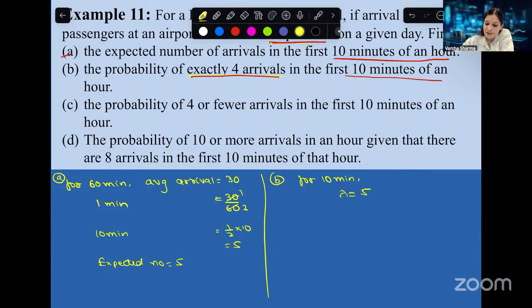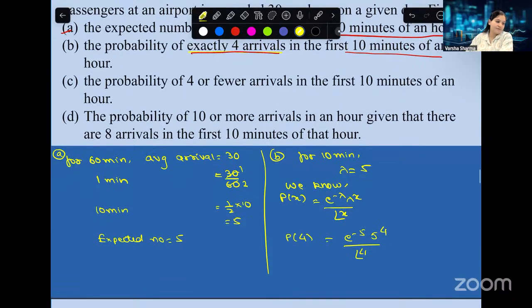And we want to find P of 4 using this normal formula. e power minus 5 is 0.0067, it will be provided. 0.0067 times 625 by factorial 4, which is 24. The answer is 0.174.